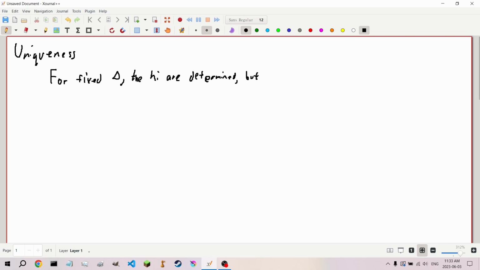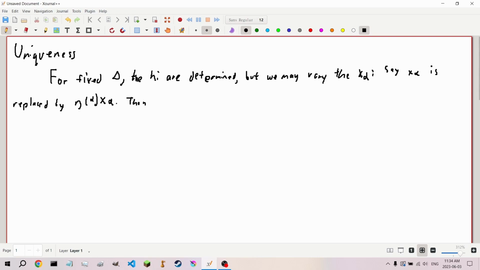But we may vary the x_alpha. So we'll say a particular x_alpha is replaced by eta_alpha times x_alpha.